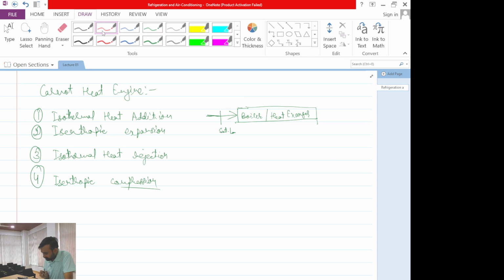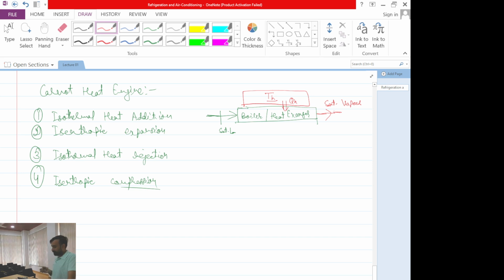And then in this heat exchanger, I have some heat source which is maintained at temperature TH. From this TH, the working fluid of the heat exchanger will take QH amount of heat. After getting QH amount of heat, we will keep on heating this till the entire liquid gets converted into saturated vapor.